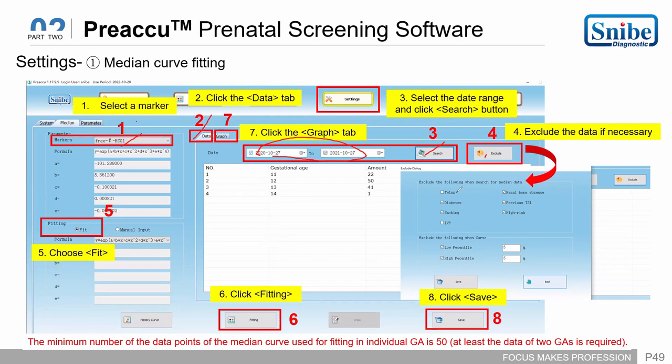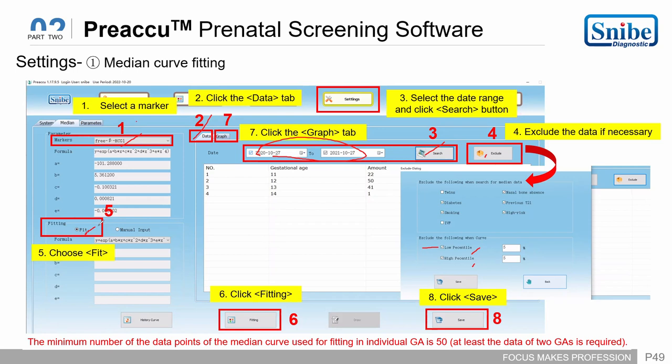You can exclude for the median, either the twins, the diabetes, smoking, IVF, or any other risk, previous T21, nasal bone clearance. So all these you can check or uncheck, and you can also include or exclude the following curves like low percentile or high percentile, whatever you have. So you can check, and then after having that, you can go to the fitting.